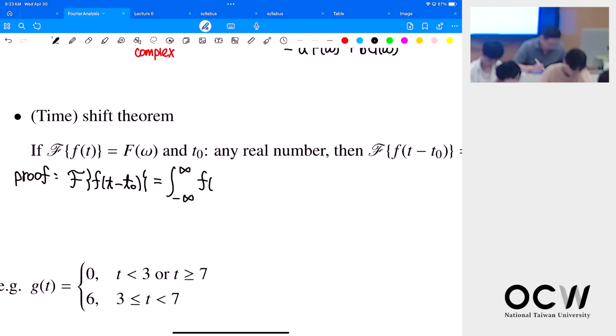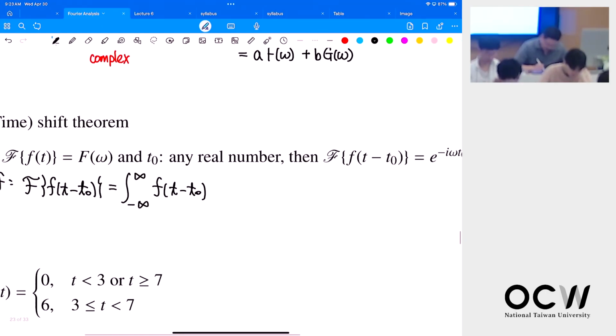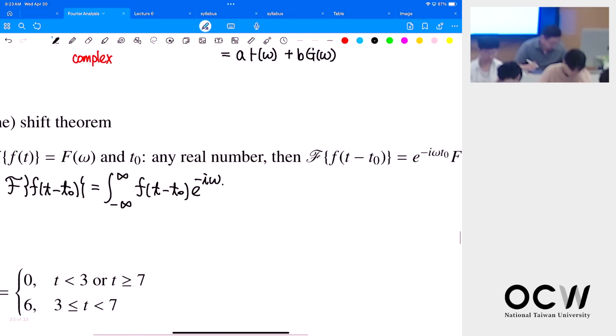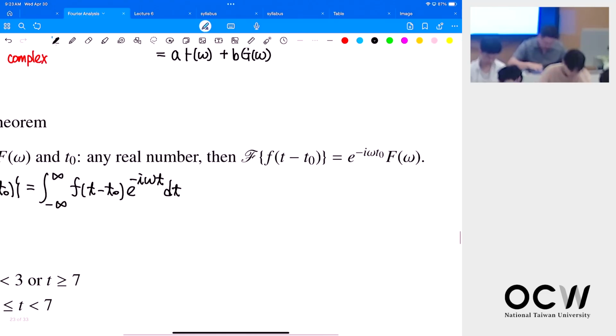And then, not changing variables, we just add more terms on that. I have t, so t becomes t minus t naught.